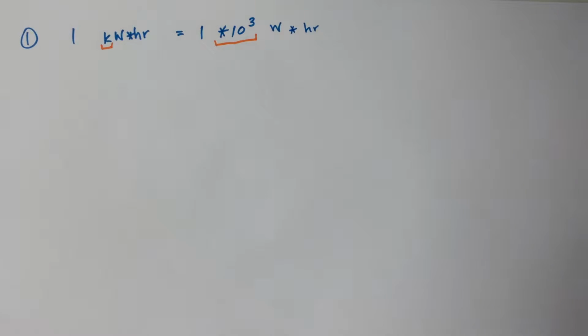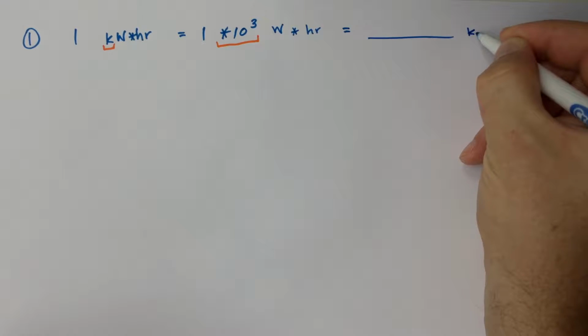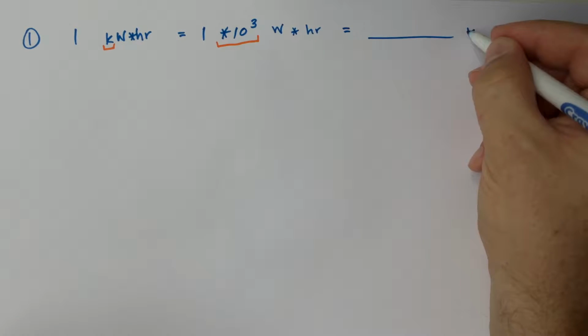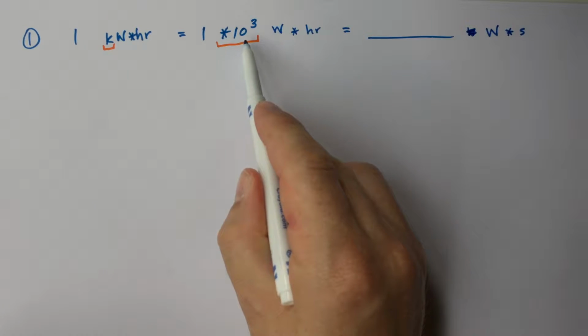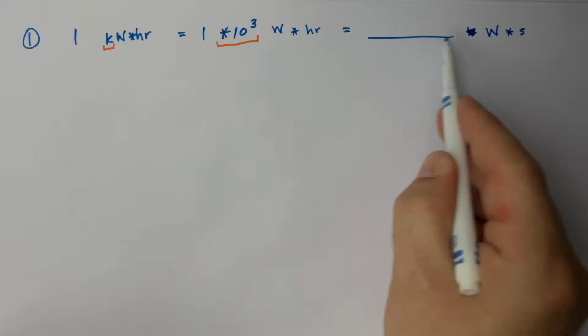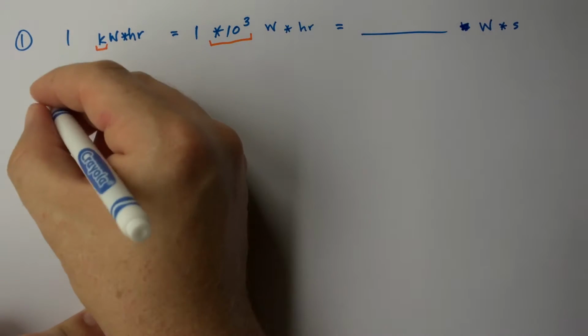All right. And I want to convert 1 kilowatt hour to how many kilowatt seconds that is. So I'm going to say it is equal to how many, I guess, watt times seconds, right? 1,000 watts times hours is equal to how many watts times seconds? All right, let's go.